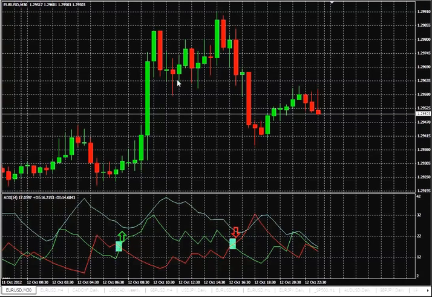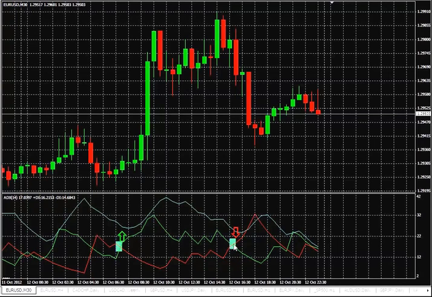I watched the price moving, and I watched the two indices, DI plus and DI minus, moving, and I spotted a new crossover, a bearish crossover this time, because the green line, which represents the DI plus, goes below the red line, which represents the DI minus.